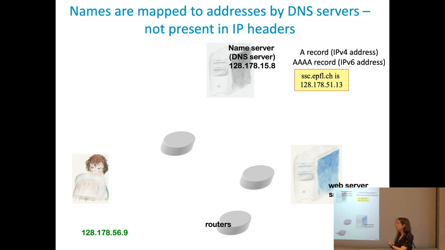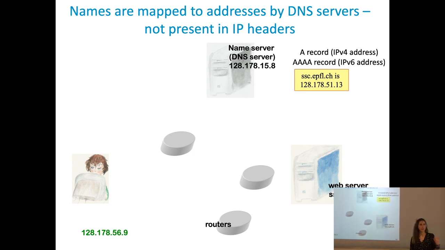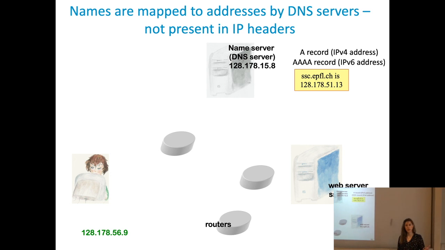As I mentioned earlier, we use IP addresses to send messages from one place to another, but to make things easier for the human, we also use names. And the names and the IP addresses are linked to each other, and in order to know which IP address corresponds to a certain name, we use DNS servers, domain name servers.